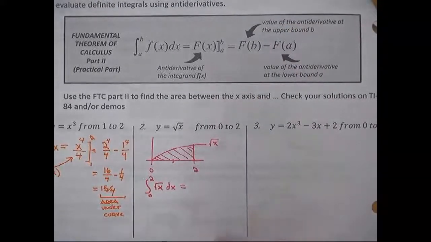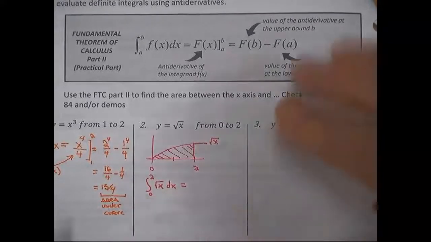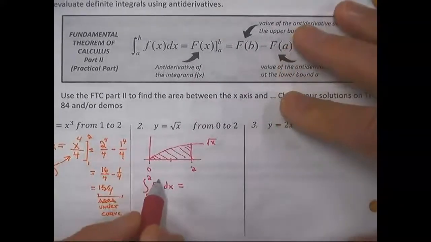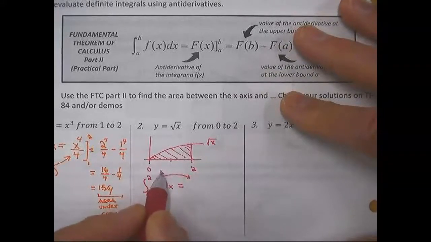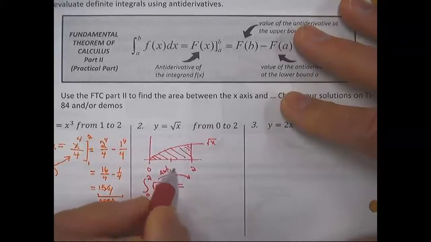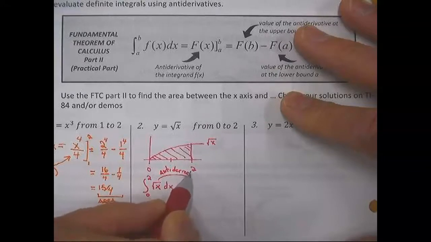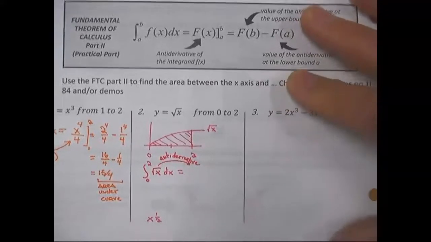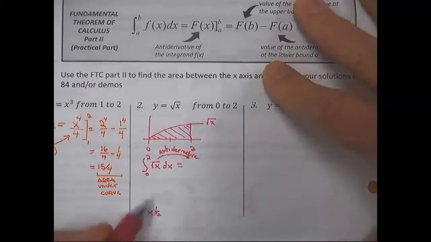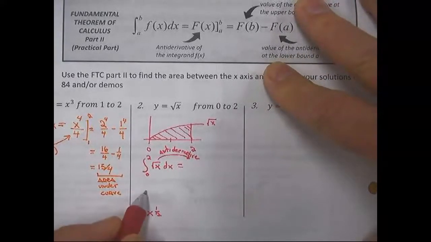All right, so you now got to find the antiderivative of this. Okay, so if you had x to the 1/2, we know the antiderivative is going to be 1 more than that, so that's going to be 3/2.